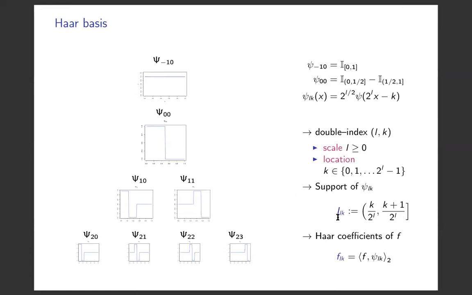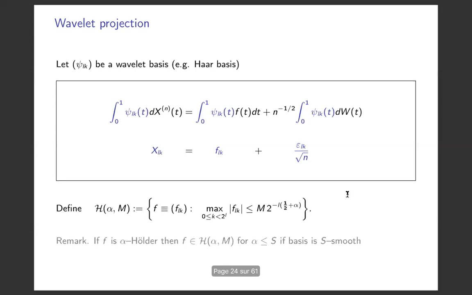And 2 important notation: ILK is the dyadic interval, and FLK is the Haar wavelet coefficient. Okay, so if you have the Haar basis, or actually any orthonormal basis, you can project the white noise model to get a sequence model.